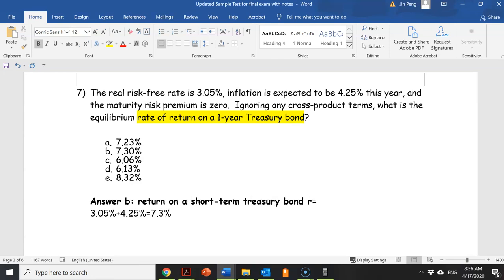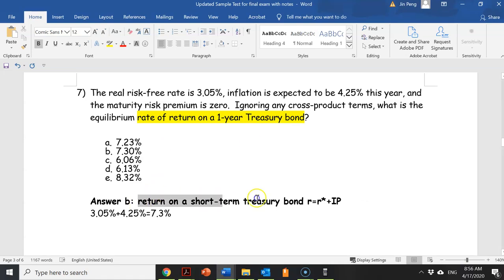R should equal R star, the real risk-free rate, plus IP, plus MRP. But actually in the formula, we ignore MRP because the maturity risk premium is 0 for a short-term bond. So we don't need MRP here.